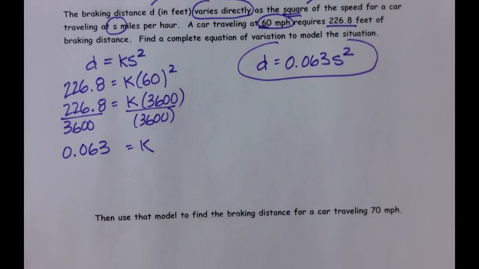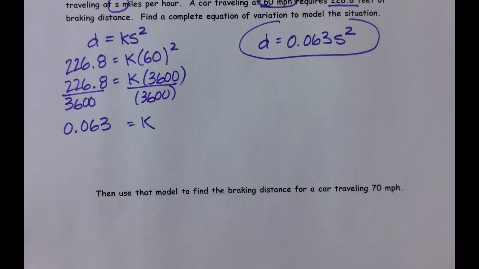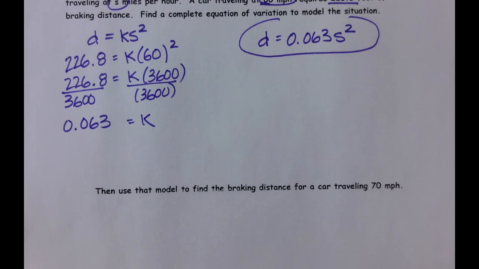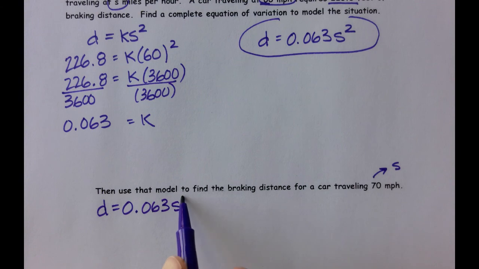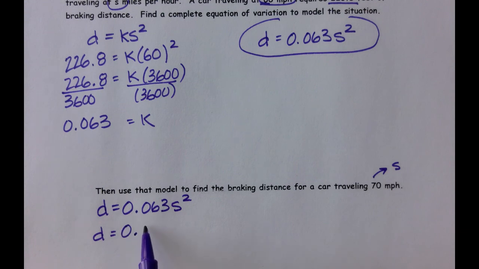Second part of this problem, use that model to find the braking distance for a car traveling 70 miles per hour. 70 is a speed. In our equation that we just worked so hard to find, d equals 0.063 times s squared, we will make the substitution. d equals 0.063 times 70 squared.